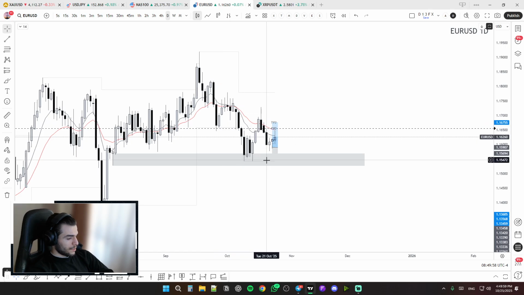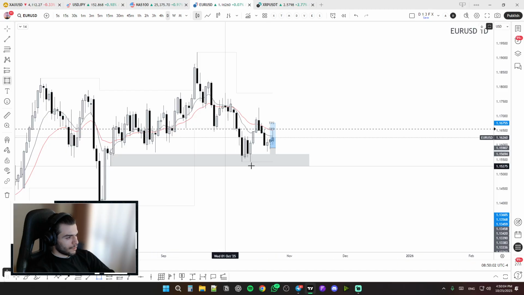The reason is, look, there's a demand zone, right? And that's where people are interested in buying the asset. In our example, it's the euro, and at that higher price, there's a supply level. If I take the entire zone, that's a supply.